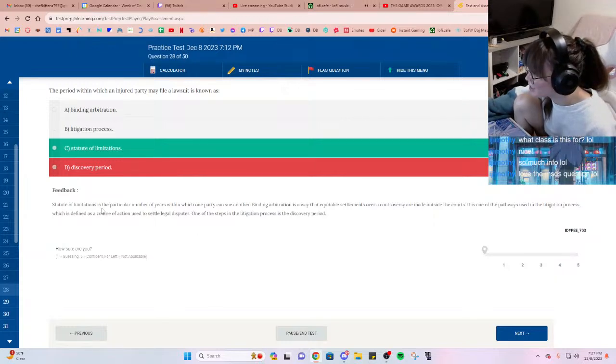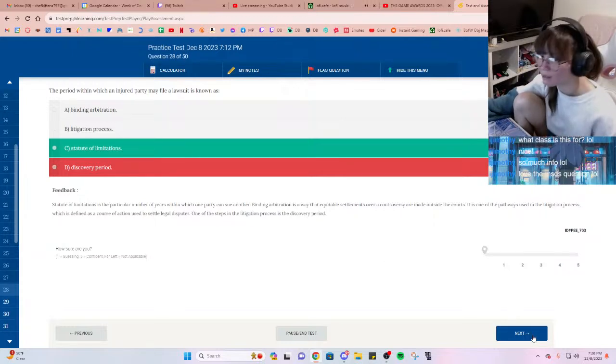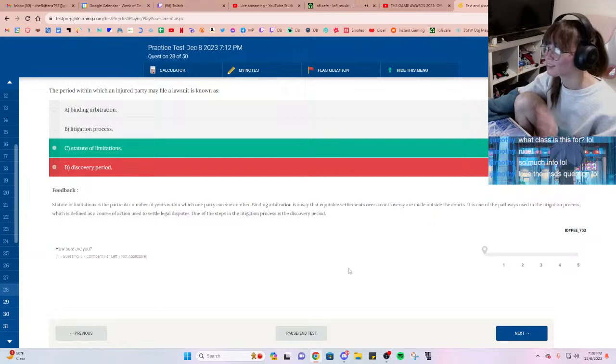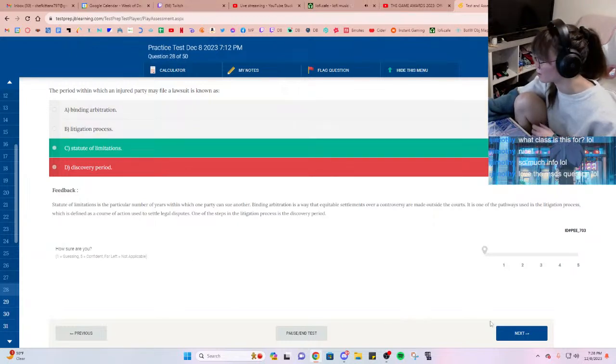Statute of limitations is the particular number of years within which one party can sue another. Binding arbitration is a way that equitable settlements over a controversy are made outside the courts. It is one of the pathways used in the litigation process, which is defined as a course of action used to settle legal disputes. One of the steps in the litigation process is the discovery period. Well, that's not a lot of information, but it gives a little bit of information about all the others.